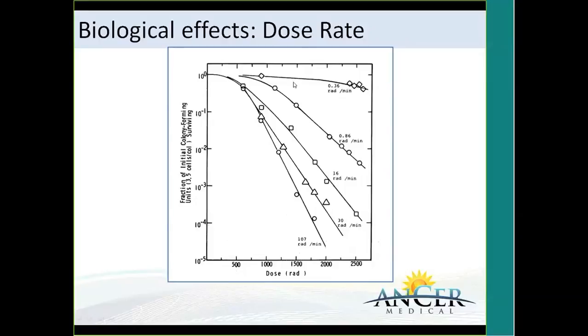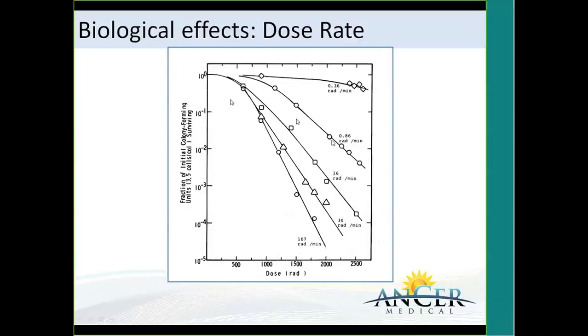What we have here is a surviving fraction of the cells as a function of dose delivered, and the different curves show you different dose rates. So you see as the dose rate increases, the surviving fraction of cells decreases as well.